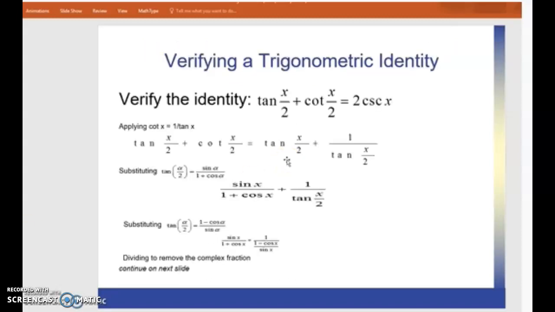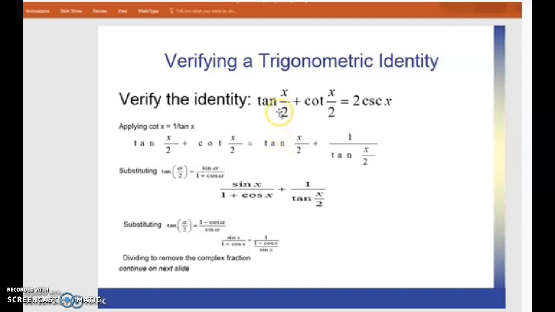Now looking at an example of verifying an identity using knowledge that you already have from previous sections covered, but also incorporating some of our double or half angle formulas.